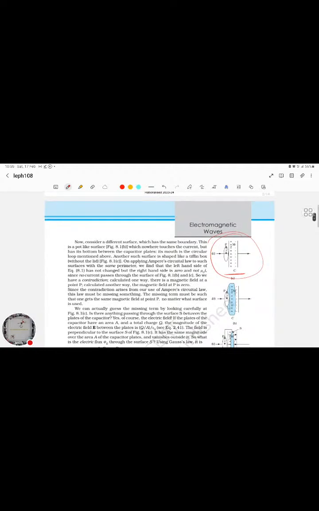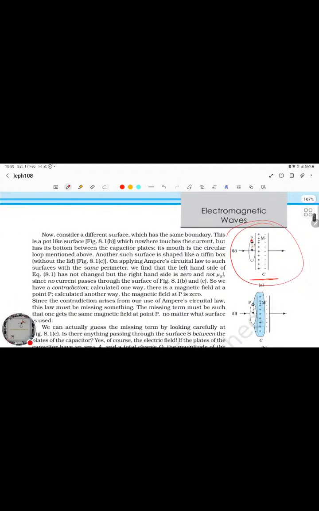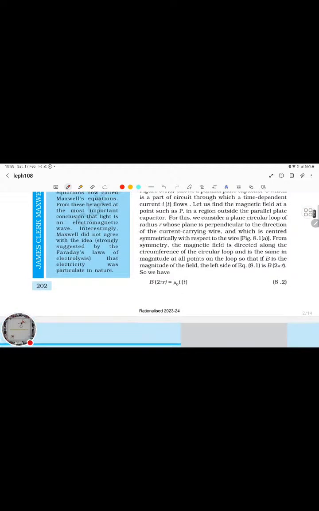So we will try finding the magnetic field at the point which is outside the capacitor. For this we consider a plane circular loop of radius r whose plane is perpendicular to the direction of the current carrying wire.